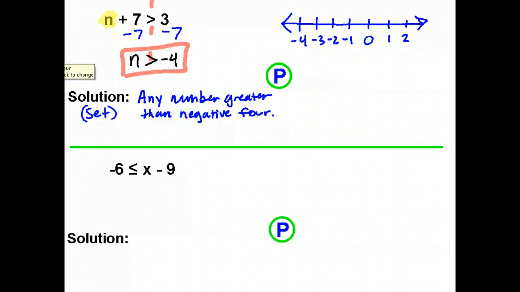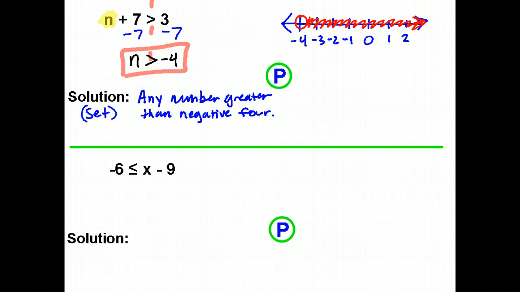Since we know it's any value greater than negative 4, I included a bunch of values bigger than negative 4. At negative 4, since it's just greater than, we put an open circle, because it's not counting the starting point, and then we shade everything to the right of negative 4.